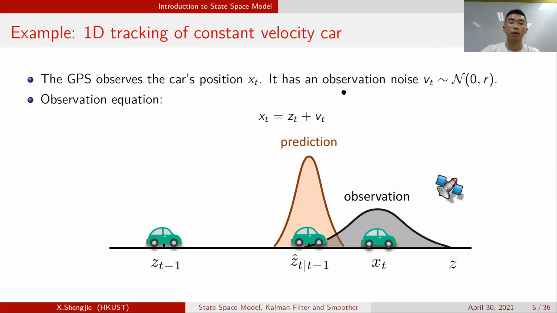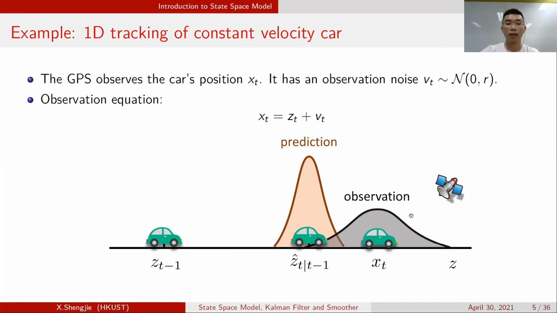These observations also have noise, for example, 5 meters of noise. So the observation equation will look like this, which means our observation is in fact the real position plus a Gaussian noise. So in this graph, you can see that this one is the prediction and this one is the observation. They may not be the same.